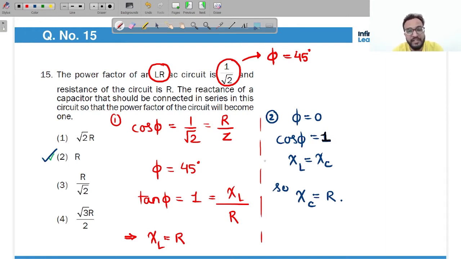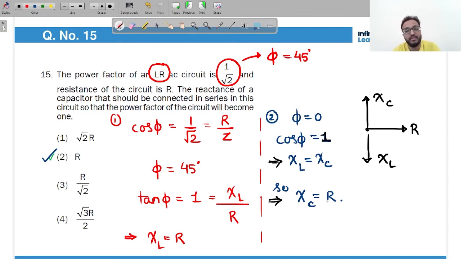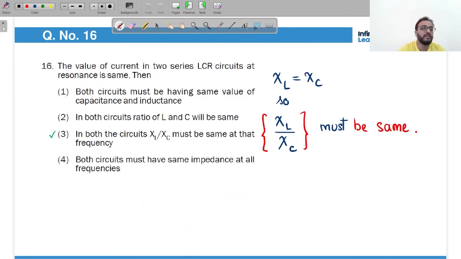That means in the phasor diagram it is only resistance left, such that XC and XL are the same in magnitude. So XL minus XC is 0, so XL is equal to XC. So XC will be equal to R. Why? Because XL is equal to R, we already know that. So what is the answer? That a capacitor of reactance R should be connected in series, right? The second option is correct.